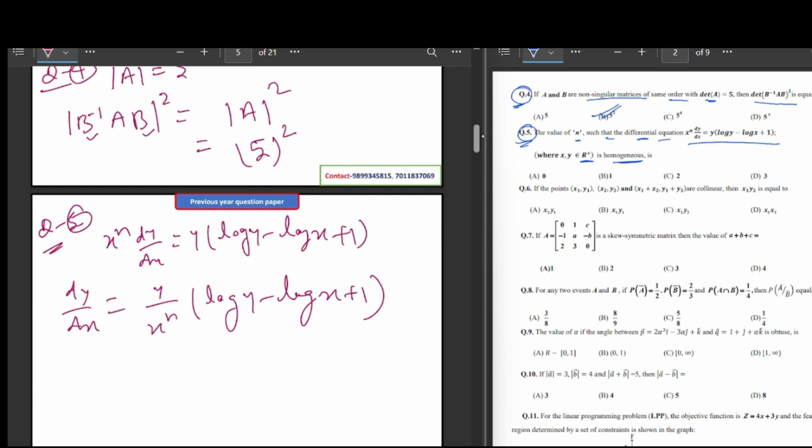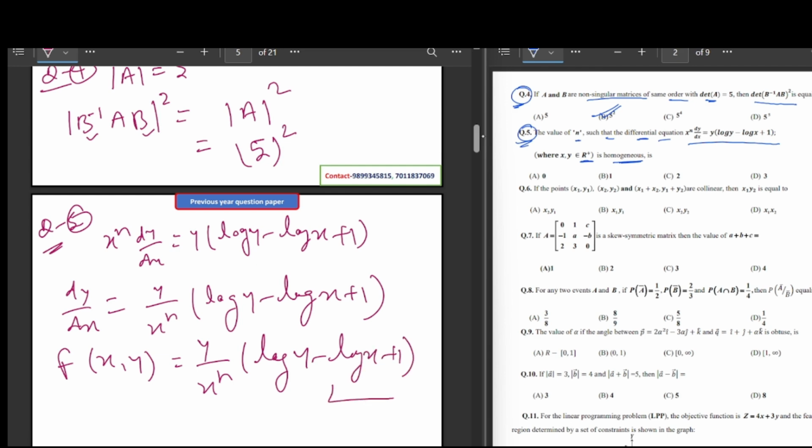So basically we should let this one f(x, y) be equal to y over x raised to the power n, log y minus log x plus 1. This is number 1. And after that, we have to find f(lambda x, lambda y). So we have to replace x with lambda x and y with lambda y.